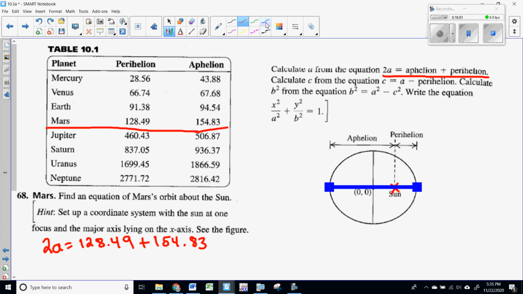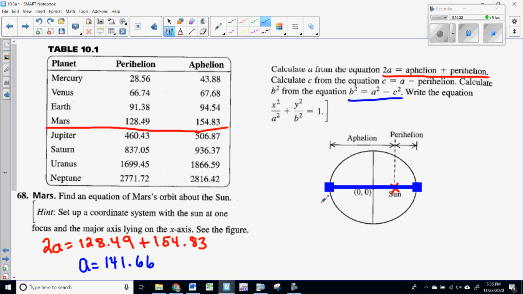So we add those up, we divide by 2, and we get A as 141.66. Now, we then need to find B to find our equation. So we're going to use this formula right here.